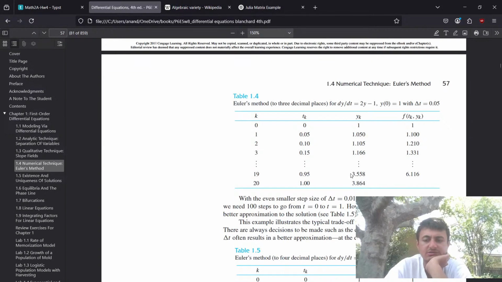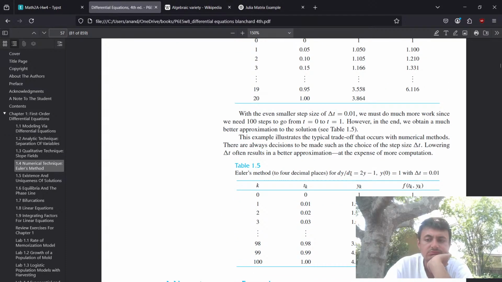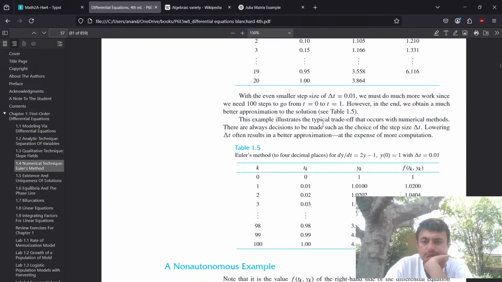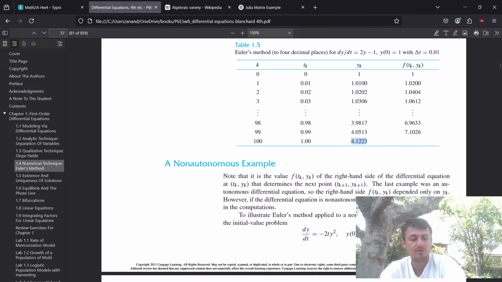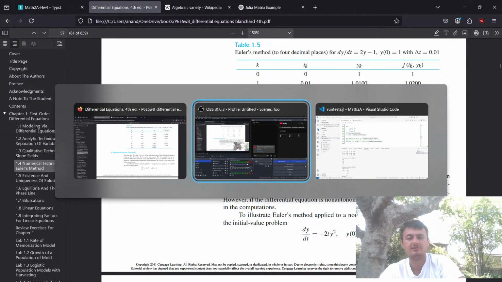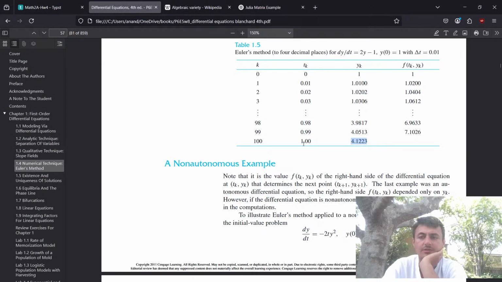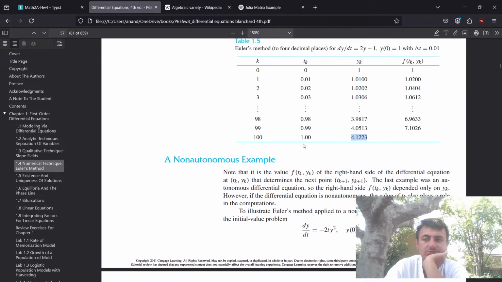Still pretty bad. That's pretty good. 0.01. So you have to take what, 1,000 steps? No, 100 steps. Okay.